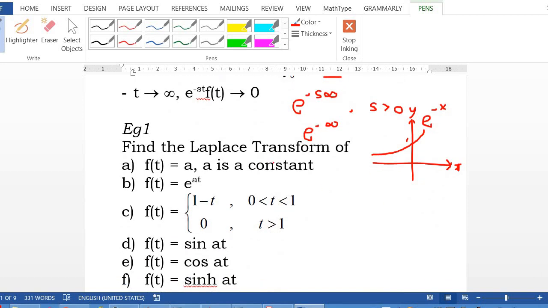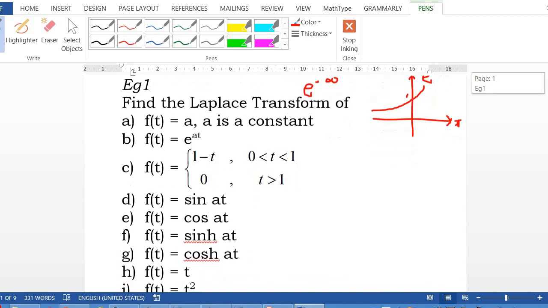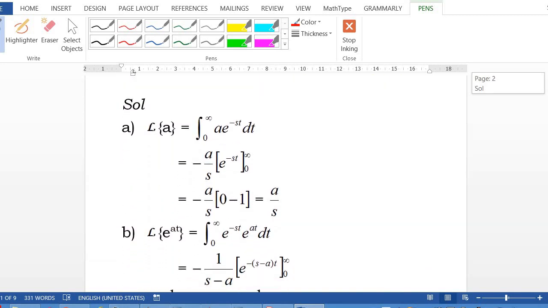For example, find the Laplace transform of f(t) equal to a, where a is a constant, can be any positive or negative value. We look at the first example first. So Laplace transform of a, by definition, will be the integral of a exponent negative st dt, integrated from 0 to infinity.